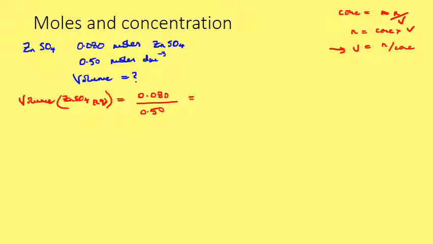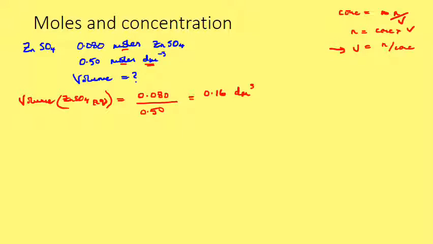Because the concentration is in decimeters cubed, the units of our volume is going to be decimeters cubed, and if we put that into our calculator, we of course would get, and we wouldn't need a calculator for this, would we, but it's easy to see that the answer is 0.16 decimeters cubed, because moles is moles, and the volume in the concentration was decimeters cubed.